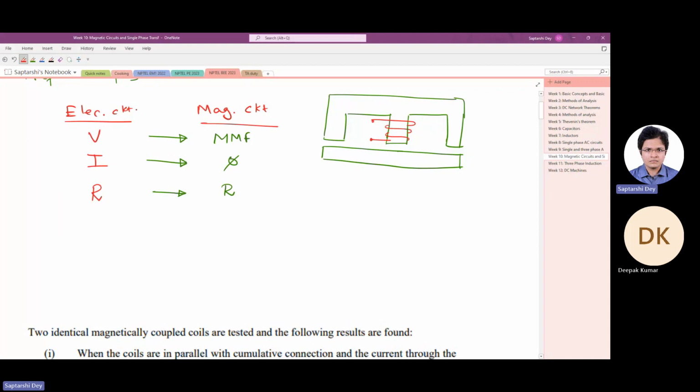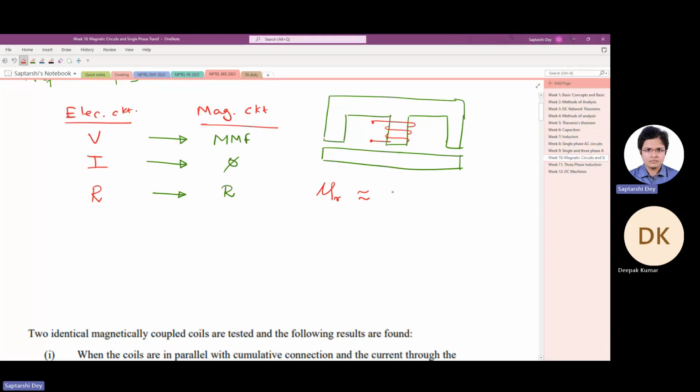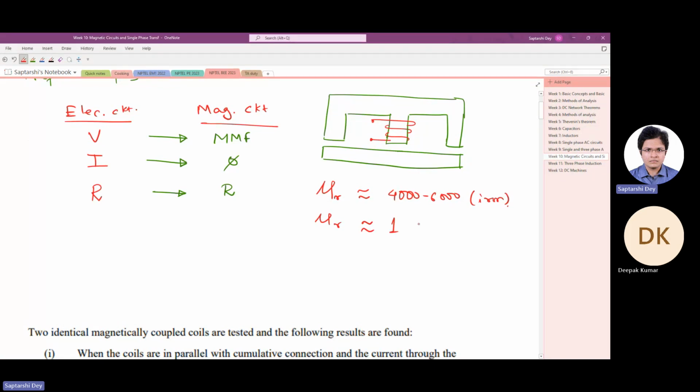Now you are asked to find out flux and magnetic flux intensity in the circuit. Now what we can do is, the relative permeability of iron or magnetic materials is very high, in the range of say 4,000 to 6,000, whereas the relative permeability of air or vacuum is 1. Vacuum it is 1, air it is close to 1.